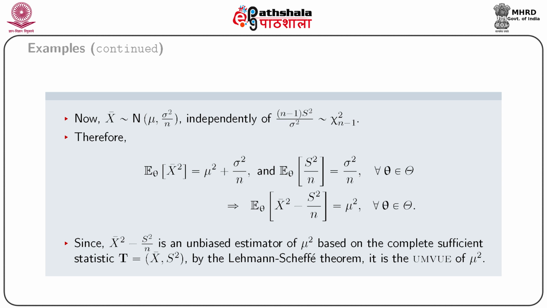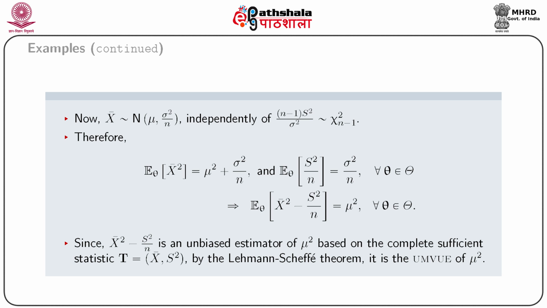Since X bar follows normal distribution with mean mu and variance sigma square by n, it follows that expectation of X bar square is equal to mu square plus sigma square by n.